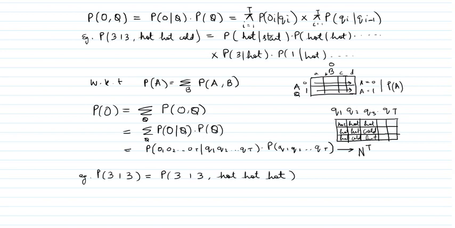Since this is a summation, we add another sequence of states for 3 1 3, for example cold cold cold, and so on.